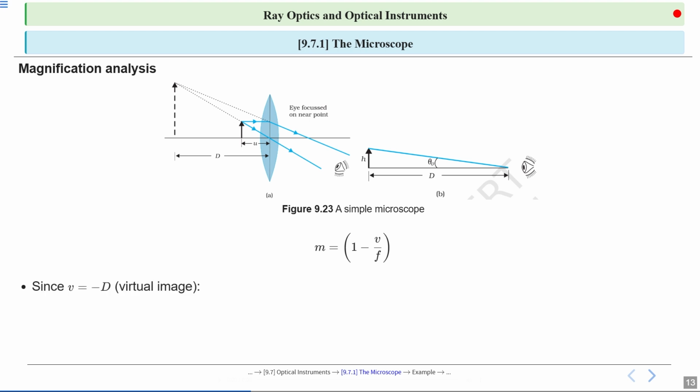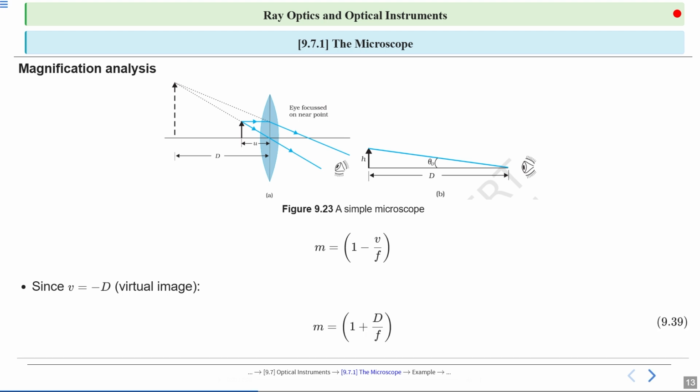In this point, we consider a specific case where the image is virtual, meaning it appears on the same side of the object. Here v is equal to minus d, where d is the least distance of distinct vision, or we can say near point. This concept is important because it affects how we perceive the magnified image.